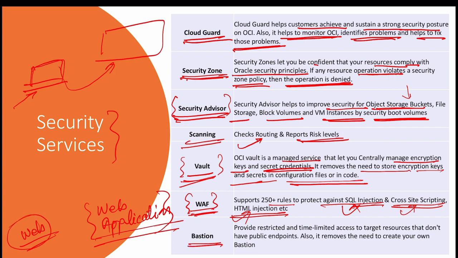Now Bastion. OCI Bastion provides restricted and time-limited access to target resources that don't have public endpoints. Also it removes the need to create your own bastion. Okay, so what is the service?